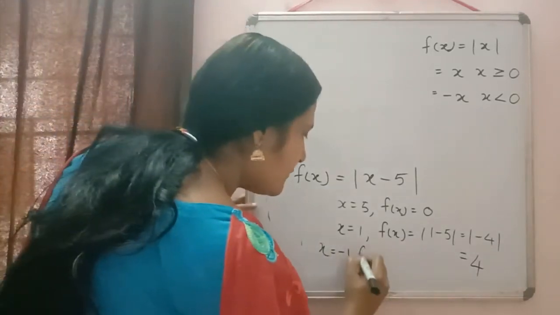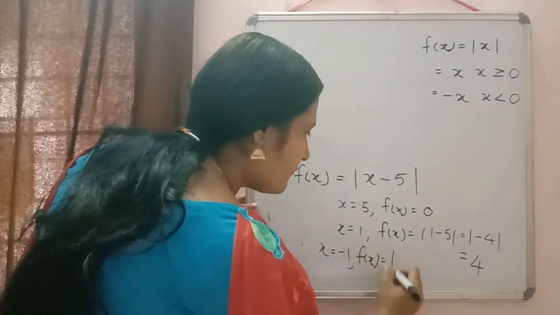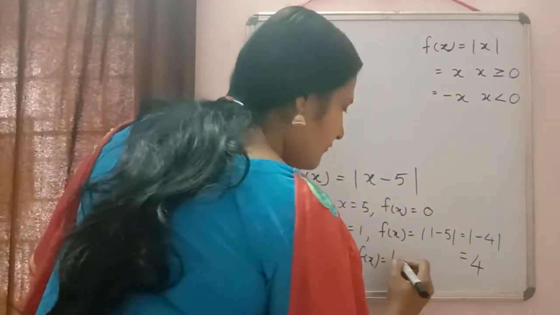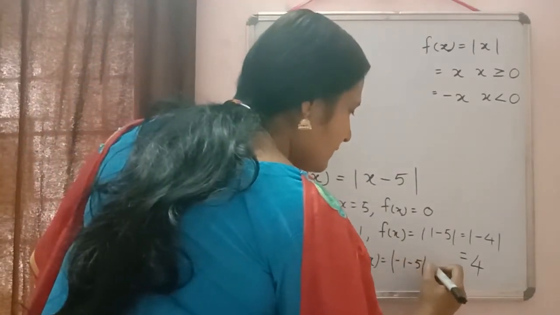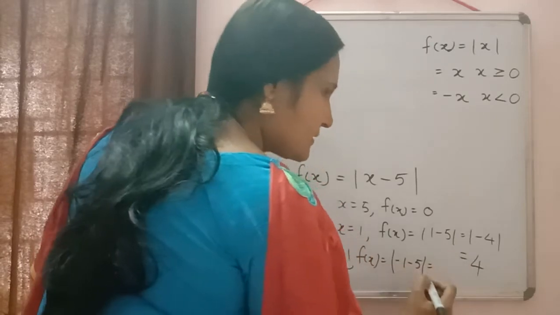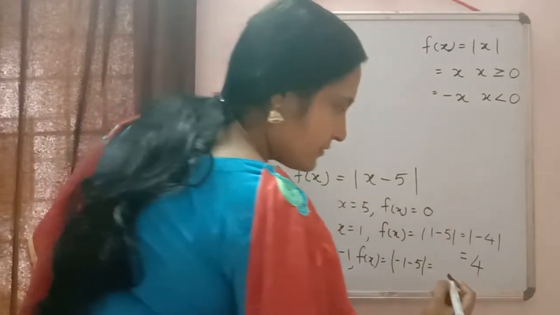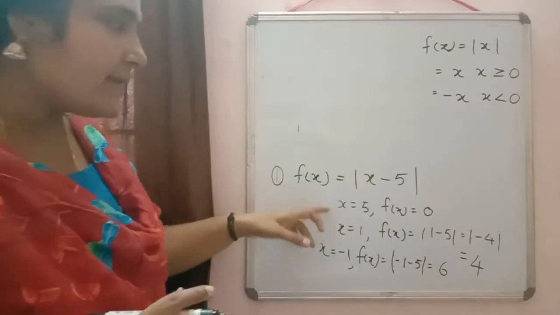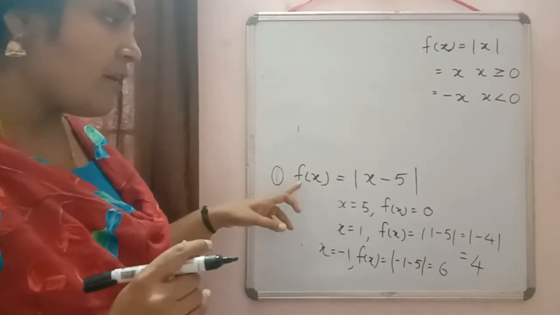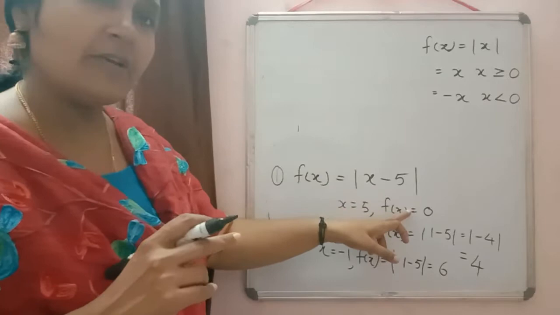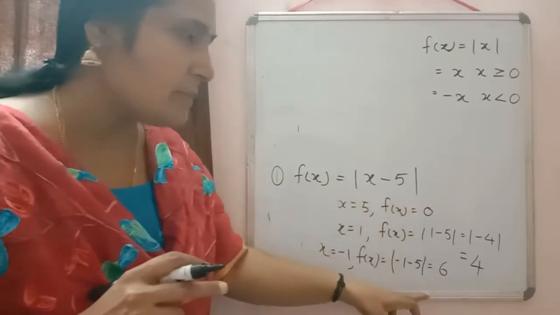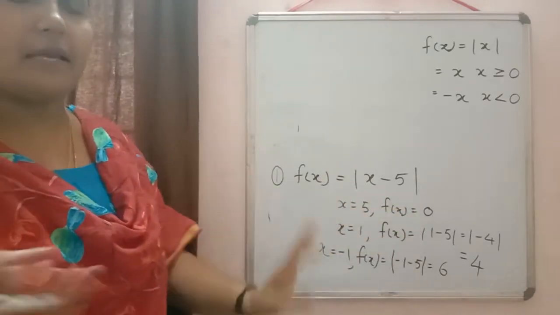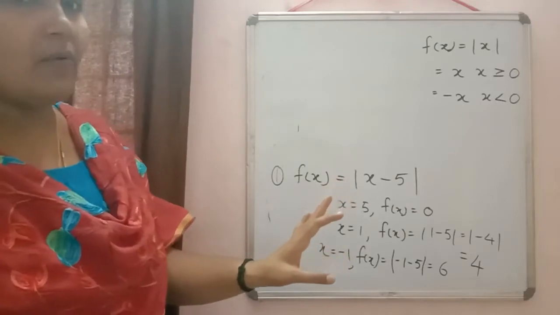What will be the value of f of x? F of x will be equal to modulus of minus 1 minus 5, which is modulus of minus 6, and modulus of minus 6 is plus 6. So x can take any value, but f of x will always either be equal to 0 or a positive number only. It will not take a negative value.